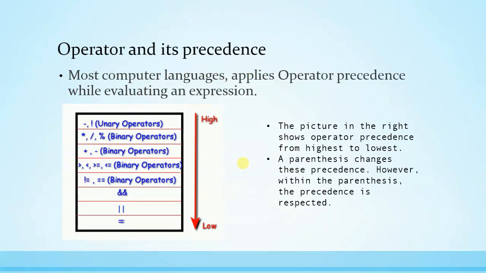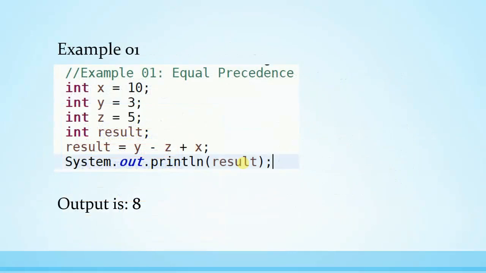If you look at the third row, the binary operators plus and minus stay at the same level. So here in the expression also, there are 2 operators. One is minus, which is at third level, plus, which is also at third level.